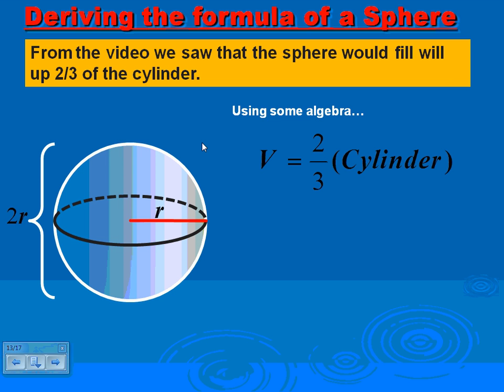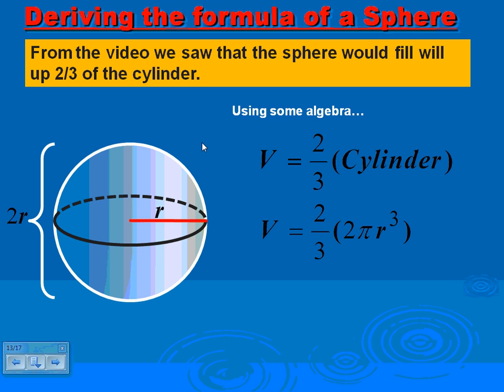This is where the information we did earlier regarding the volume of the cylinder comes into play. So if the volume of the sphere is 2/3 the volume of the cylinder, therefore the volume is 2/3 of 2 pi r cubed. Remember, 2 pi r cubed was the volume of the cylinder.